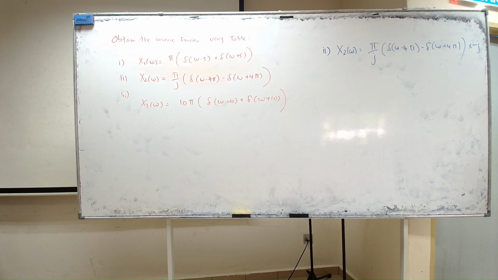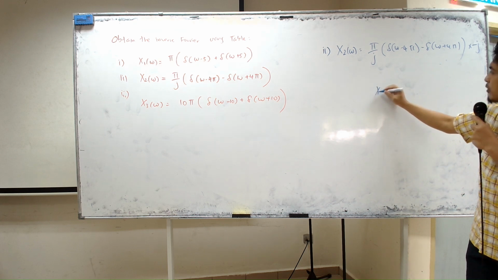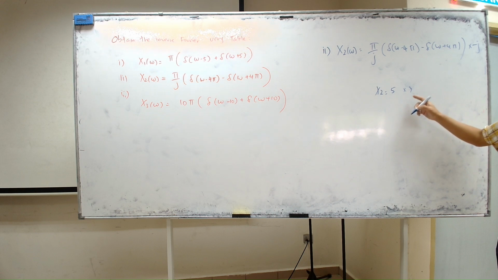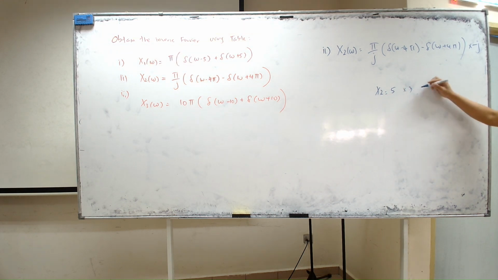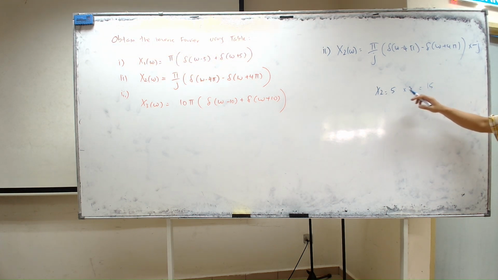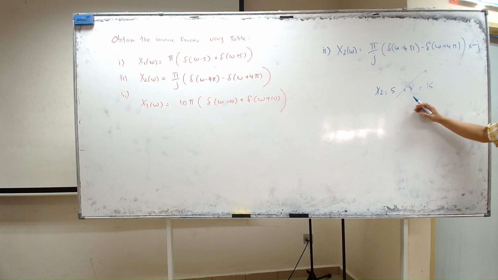No, because if we multiply anything with something else, the meaning of the question will be different. I give you an example. If I say that x2 equal to 5, and then you multiply with 3, is x2 now 15? Supposed to be x2 always equal to 5. If you multiply with something else, now x2 becomes 15. So now it's totally wrong.